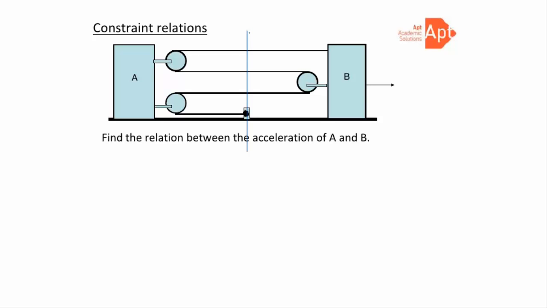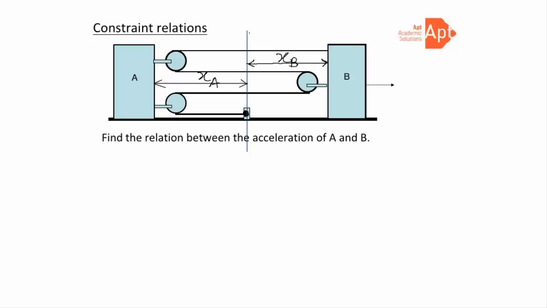So we are assigning length XA to block A, and length XB to block B. We are taking the pulleys as an integral part of blocks A and B, and their dimensions are negligible compared to the length of the strings.